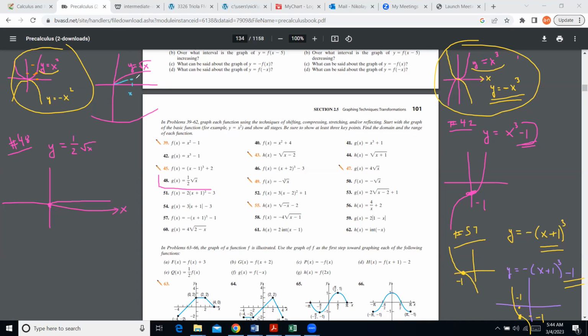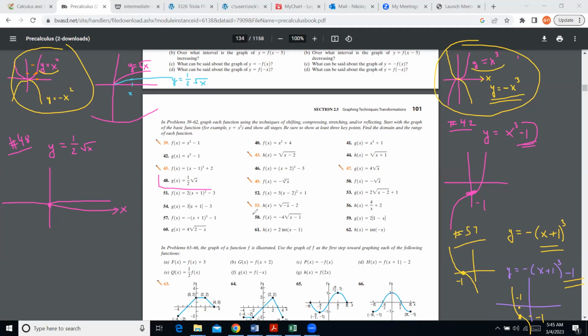So the graph is going to be closer to the x-axis since we took 1/2 of every previous y coordinate. It's still the same shape, but it changed a little bit.